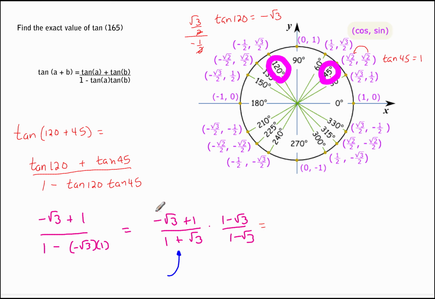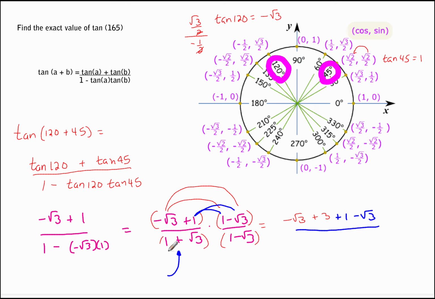All right, so that means we're going to have to double distribute. Negative radical 3 times 1 is negative radical 3, negative radical 3 times negative radical 3 is plus 3. And then distribute 1. Well, when I multiply anything by 1, that's easy. It just becomes itself, so plus 1 minus radical 3. And on the bottom, remember when we rationalize by multiplying by the conjugate, the middle falls out.